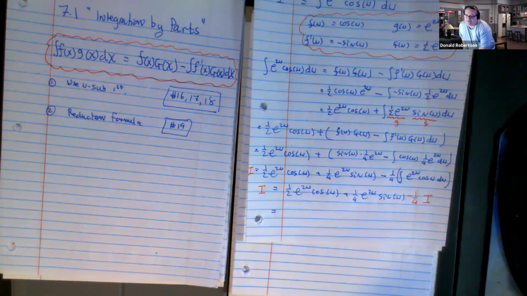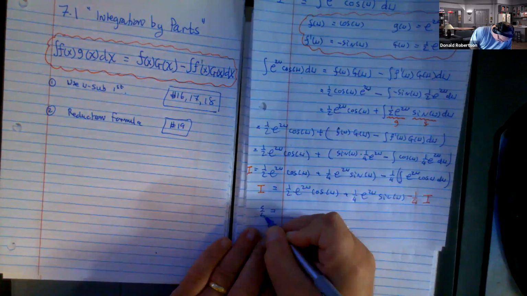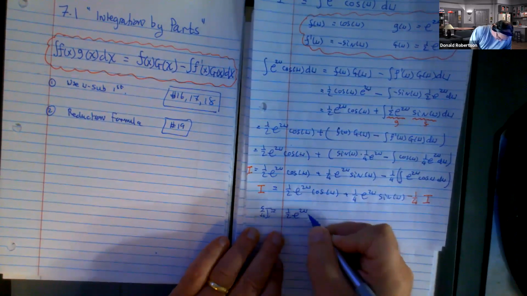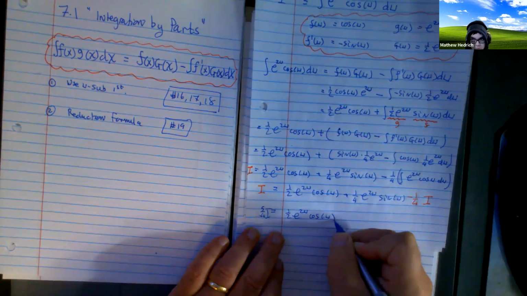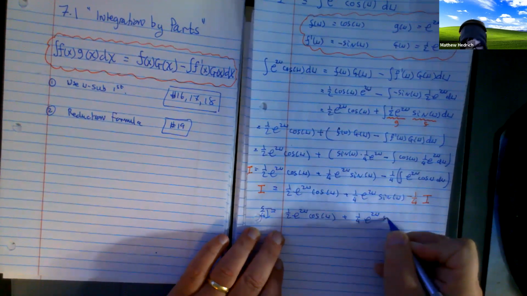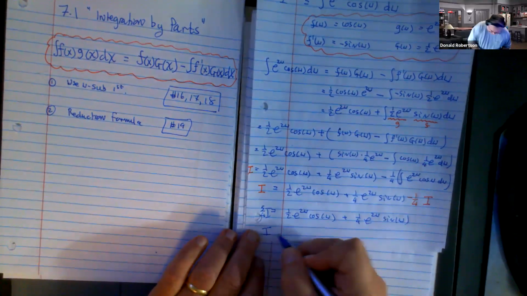Remember, the goal here is to find out what the integral is equal to in terms of just u. Add 1/4 I to both sides. And if you add 1/4, you get 5/4 I is equal to this. Okay, this is it.